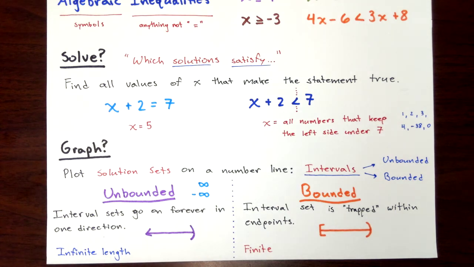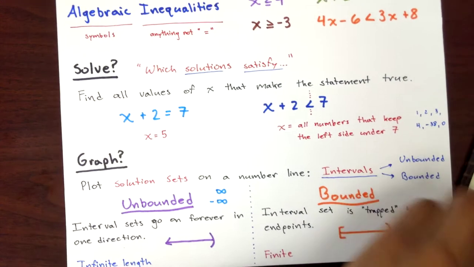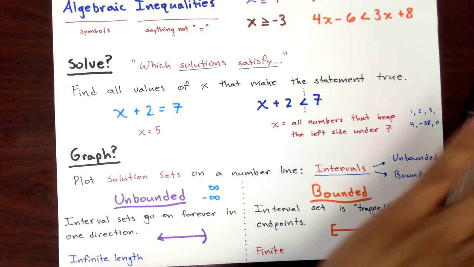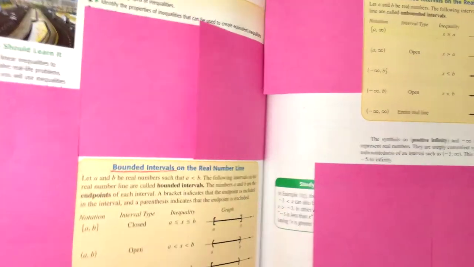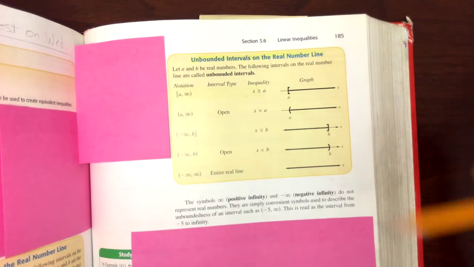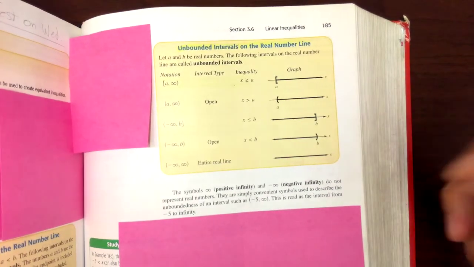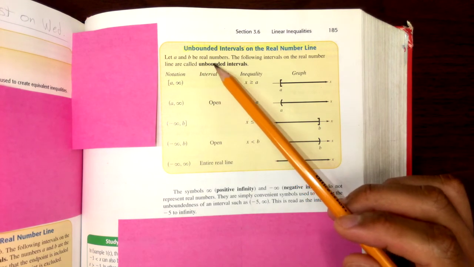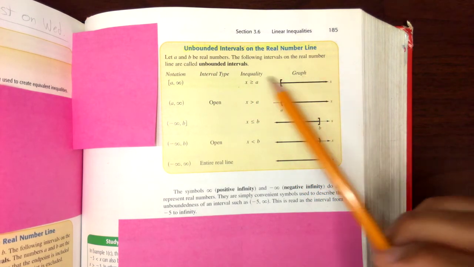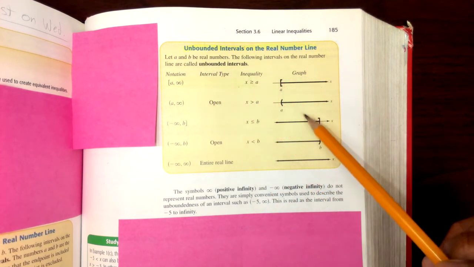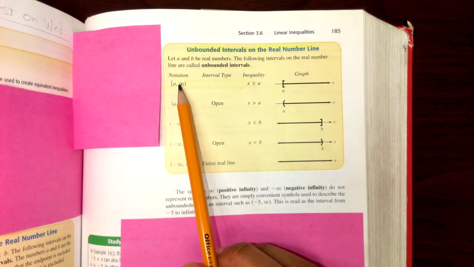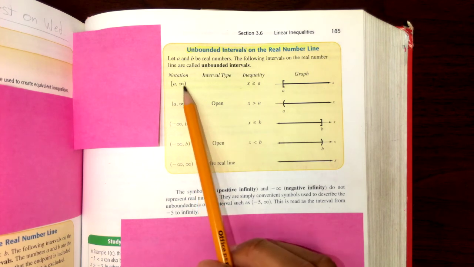Now, I want to show you in the book, really quickly, it talks a little bit about bounded and unbounded intervals. So if we look right here, an unbounded interval on the real number line. If you let a and b be real numbers, the following intervals on the real number line are called unbounded intervals. In this case, if you have a bracket, a, comma, infinity, that's the notation.